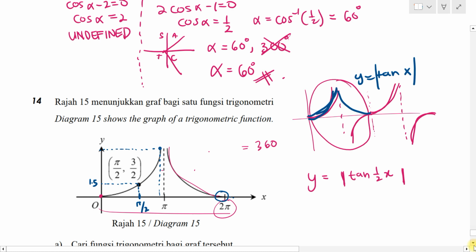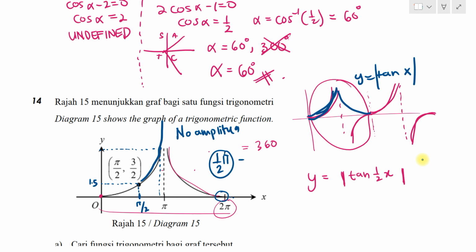The point is, if you realize, this is a tangent graph, right? A tangent graph actually has no amplitude, you know, because it is going to reach an infinity value. It won't touch the pi according to this equation, because it's a half pi.